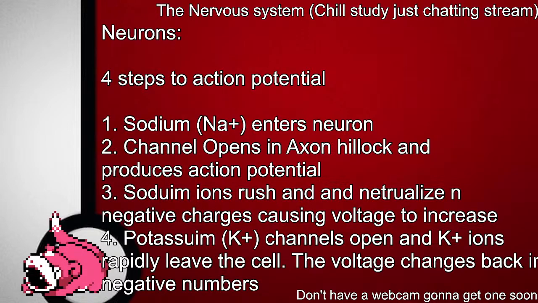It triggers another action potential in the membrane immediately ahead of it, then another one, and so forth. So it's a chain of action potentials, one after another along the length of the nerve fiber.